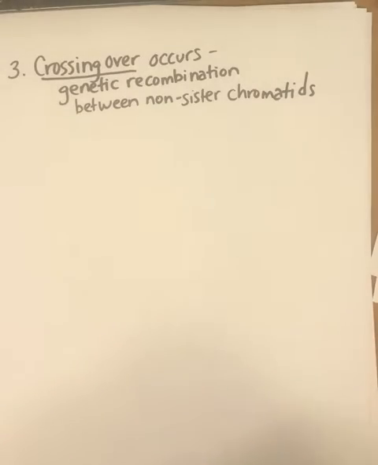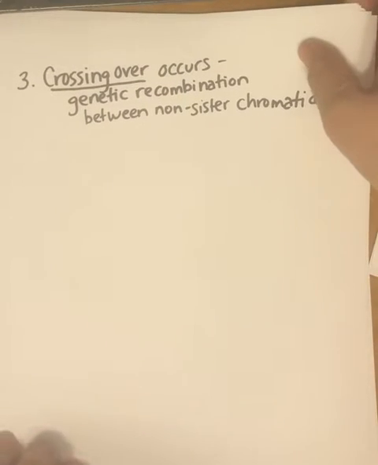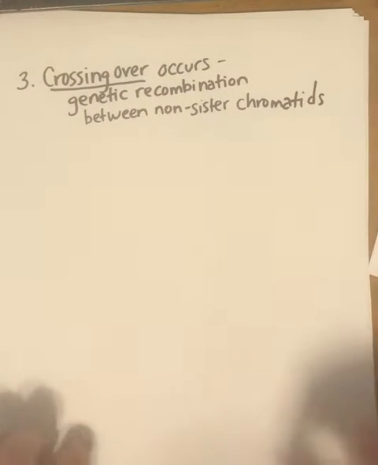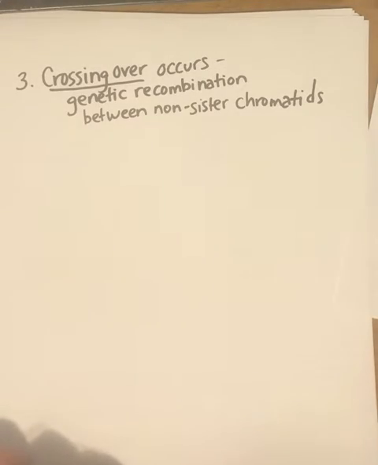Now, the next thing that we are going to discuss is something that's called crossing over, which is a genetic recombination or a physical exchange that's going to occur between your non-sister chromatids. So I'm going to separate these out.